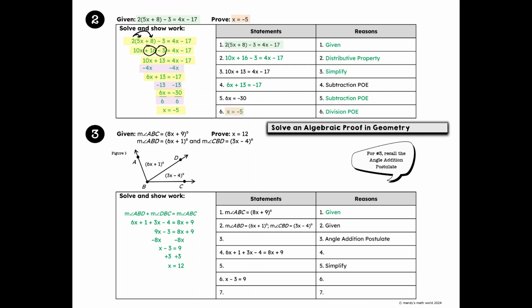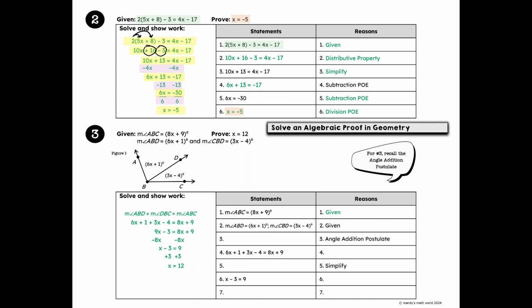Every given written right next to one another. You might see the given statements written as number 1, then written as number 5, whenever you apply it. And that's totally fine too. We'll do some examples like that. But I've got my given statements written in there.